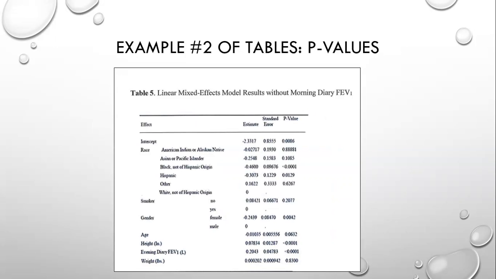P-values. Here we have an example of a linear mixed effects model, okay, where you have your parameters, you have your estimates that represent your beta estimates, your standard error, and then your p-value. This is what the table should look like.